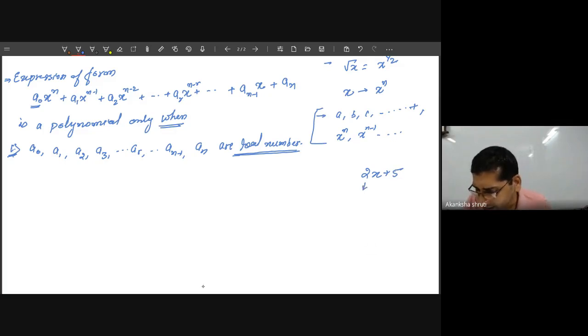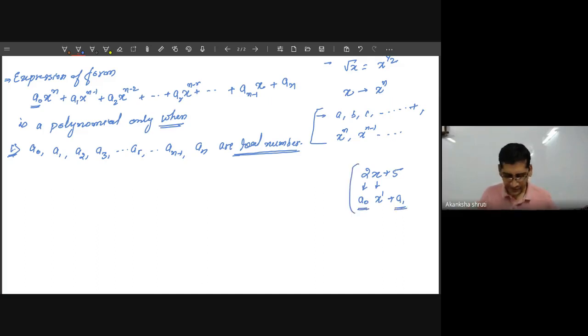Here this is like our a0. This is like our x to the power 1 only, or x to the power n only. And this is the last term, it is only our a1 that we can take. So we will see this comparison.